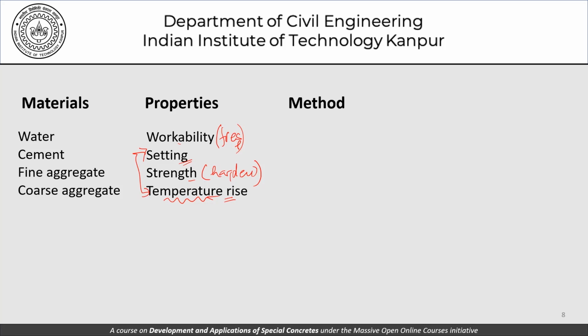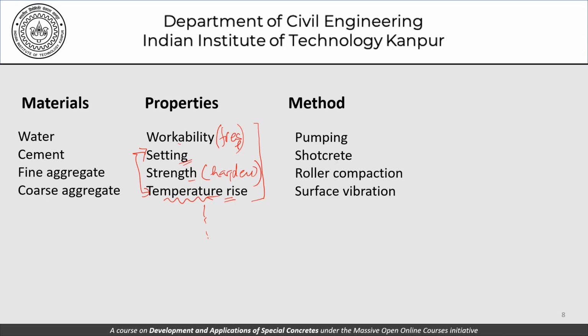So basically what we must understand is there are these properties that we have as far as concrete is concerned, and we need to proportion our materials, possibly choose our materials appropriately. And these properties have to be also chosen keeping in mind what will be the method of construction. So here I have listed just a few. Pumping of concrete, whether it's involved or not, whether you're trying to do something like shotcreting, you're doing roller compaction, you're doing surface vibration.